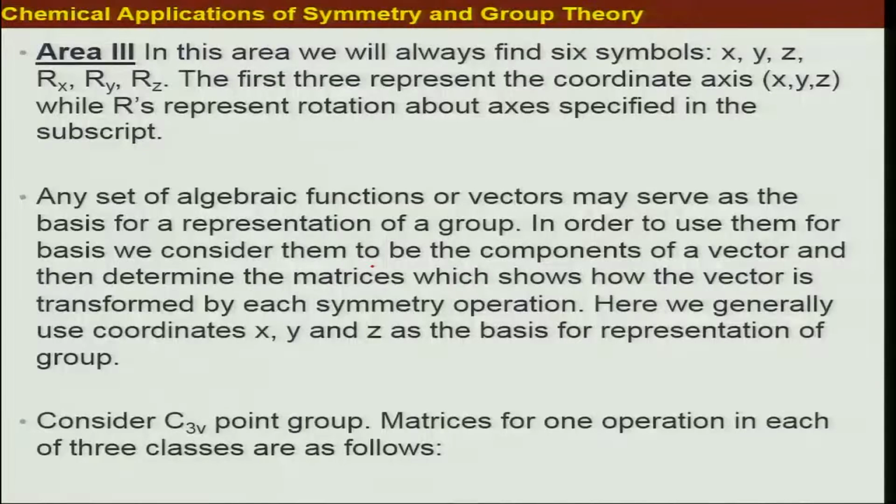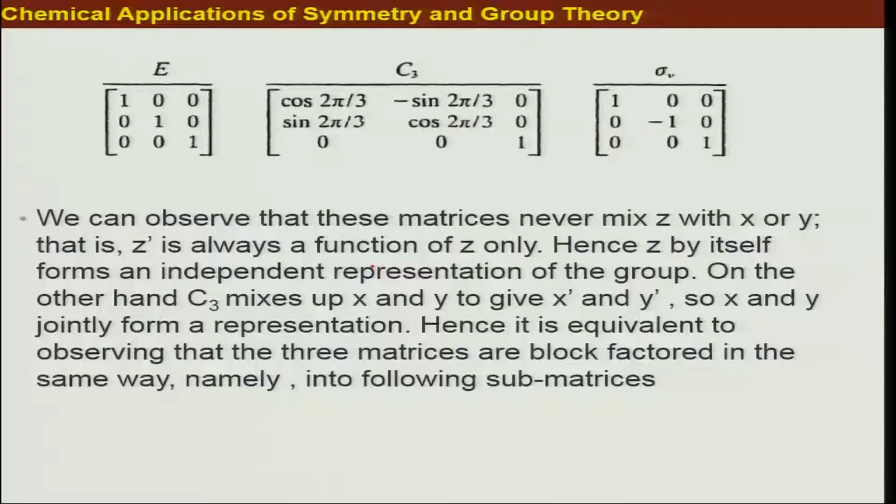Now, we are discussing with respect to one particular point group here, C3V, for this particular character table. So, now if I consider that C3V point group, the matrices for one operation each from the 3 classes, as we know we can have 3 classes for C3V. So, then we can get the matrices as follows. So, this is corresponding to E, C3 and sigma V.